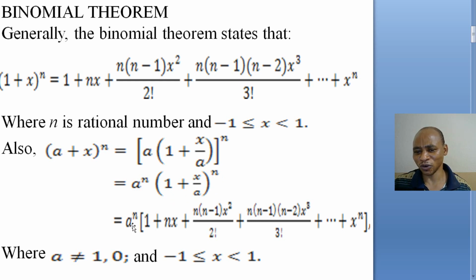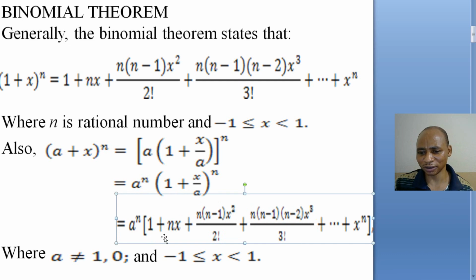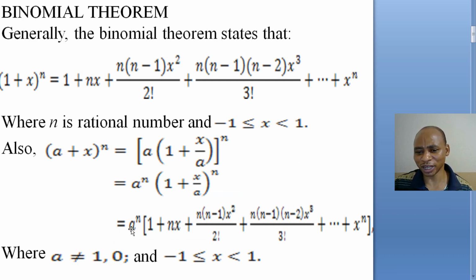So if you look at the last term, it's a matter of factorizing out a raised to the power n and then multiplying by the binomial theorem, where the constant is 1 from the earlier stage.